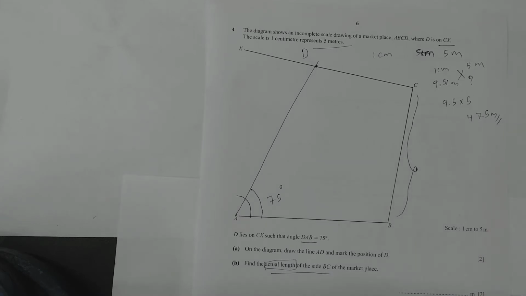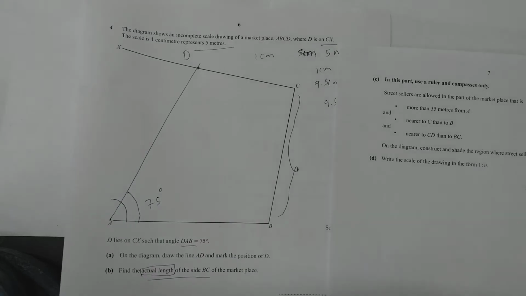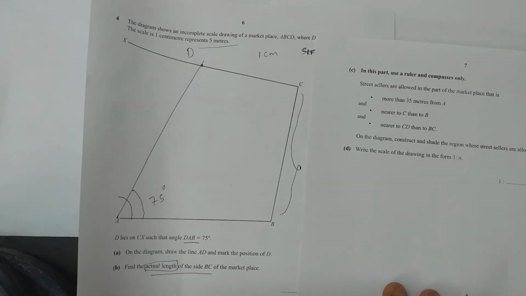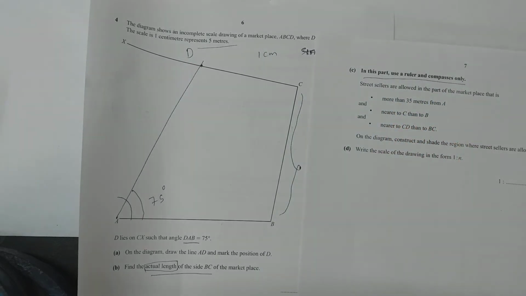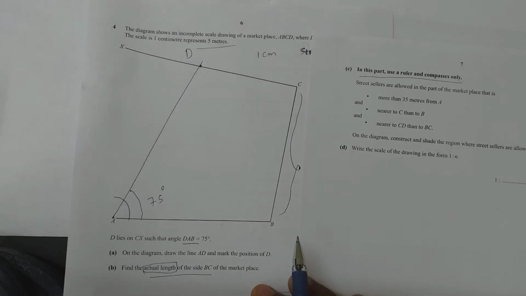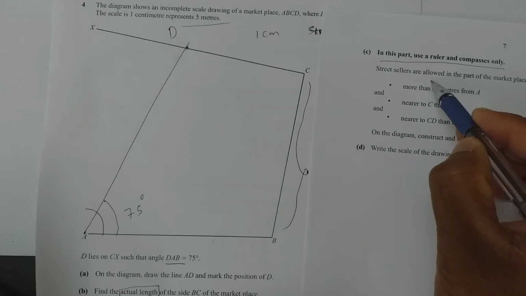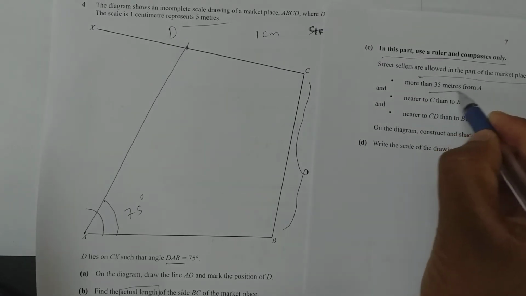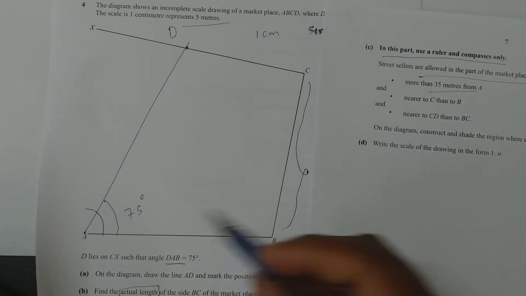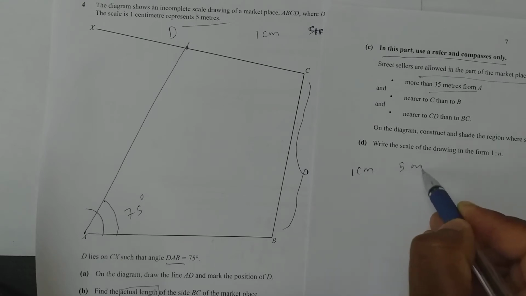Okay. Now next sum. Here it is. See, in this part we use a ruler and compass only. So read now. Street sellers are allowed in part of the marketplace that is more than 35 meters from A. So from A, 35 meters, means 1 centimeter is 5 meters.